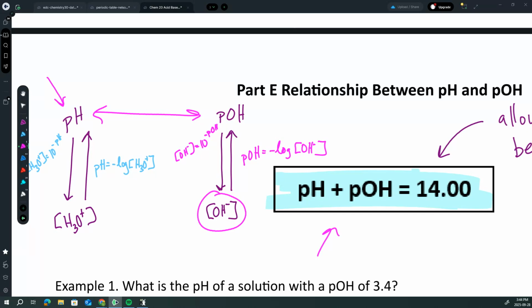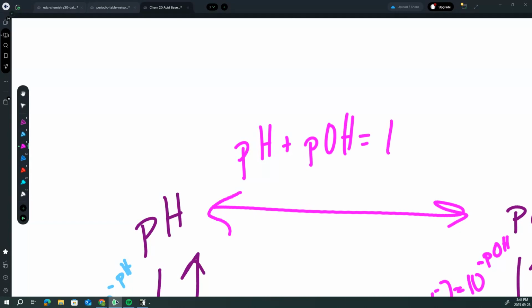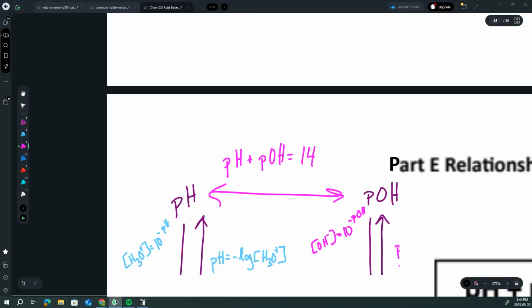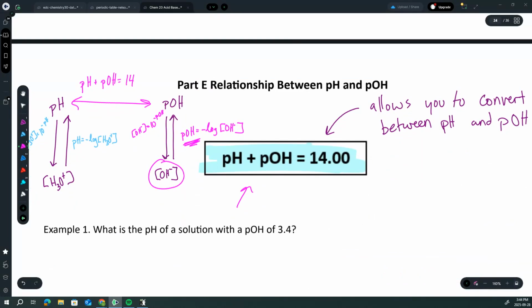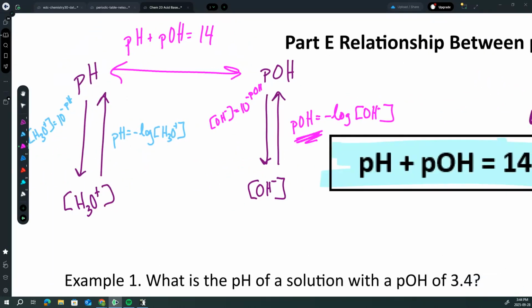So what you would have to do is first find pOH and then find pH using this pH plus pOH is equal to 14 formula. So heads up on that. This is how all of these formulas are functioning together here.